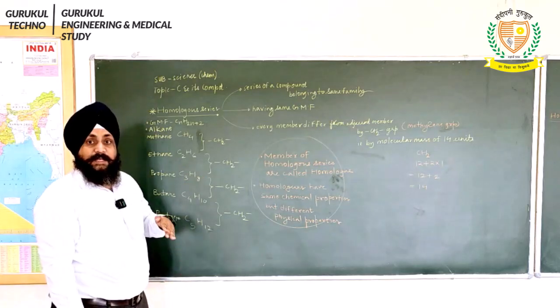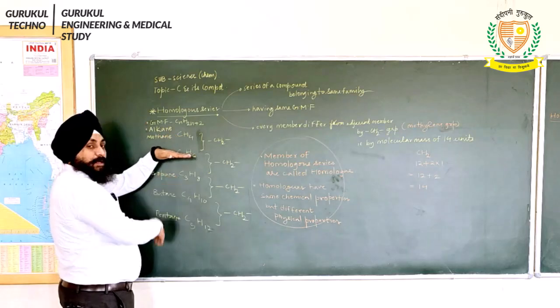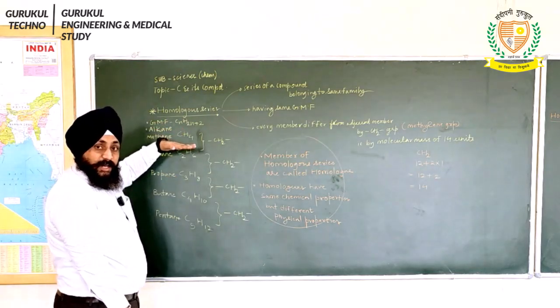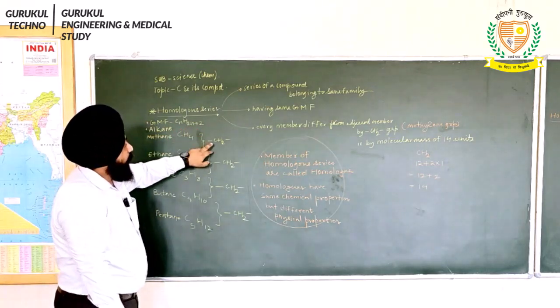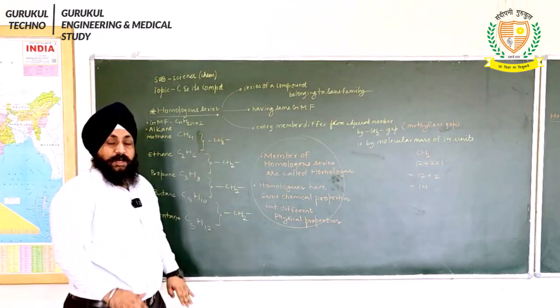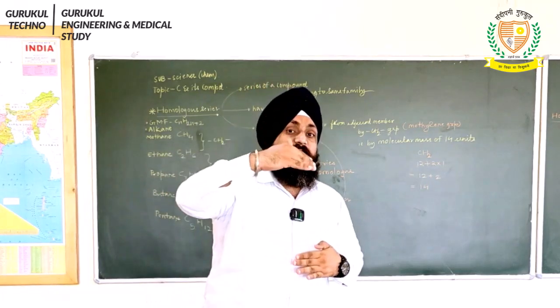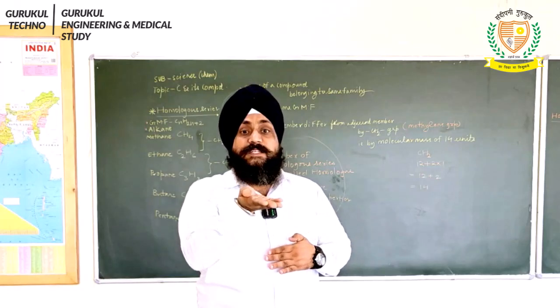But what is happening here, students? Every member is differing from adjacent member. हर एक member ऊपर और नीचे वाले member के बीच में difference क्या होगा? There will be difference of this bond CH2 bond group. Okay, whether it is the member which is placed above or whether it is the member which is placed below.